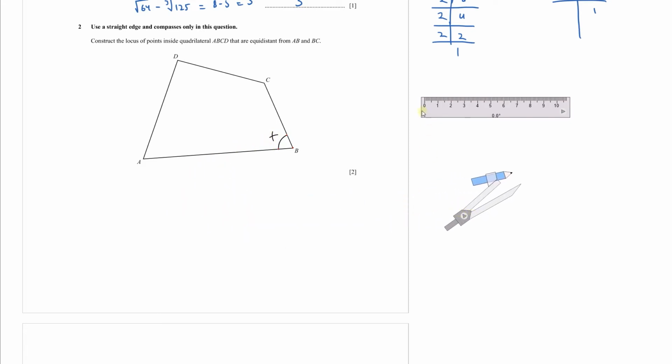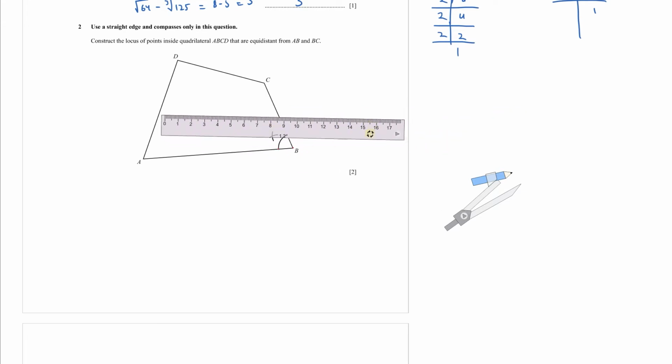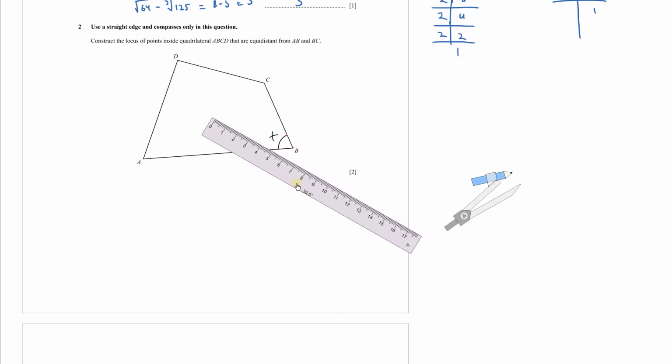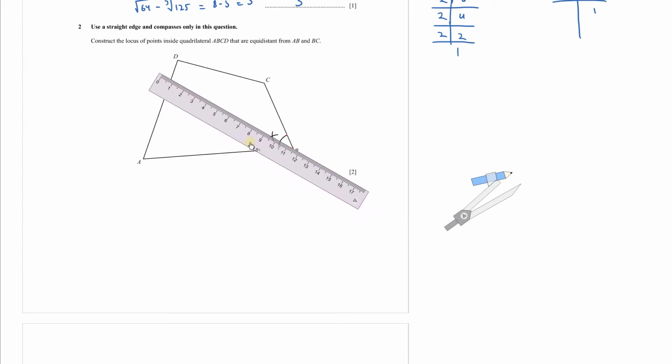So now if I connect point B with this point, I will get the angle bisector of angle ABC. So let me make this bigger so that my line covers the full quadrilateral ABCD. So let me first align the ruler with the 2 points, and then since you have to draw within the quadrilateral, my line will start at this point and go up till this point where it intersects the line AD.